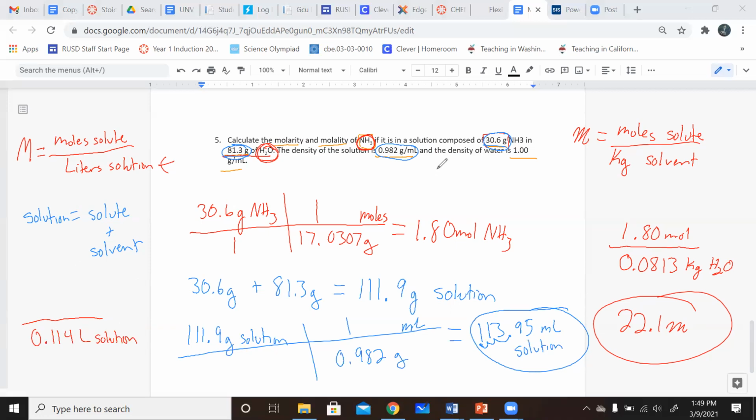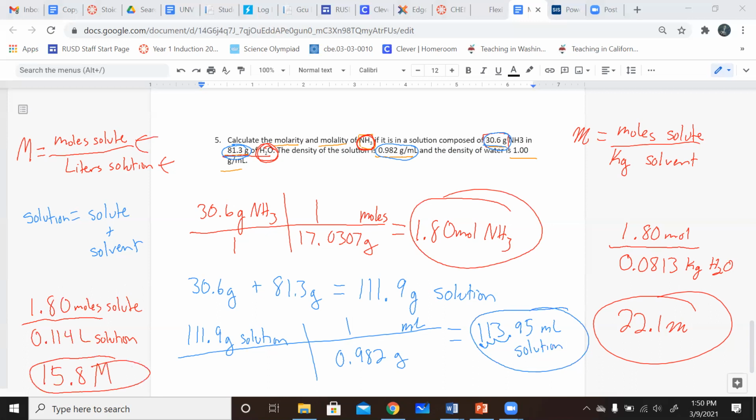And don't forget, we already know how many moles of solute, because that's the only other thing we need. That's going to be our 1.80 moles solute. And then once we do that division, we're going to get 15.8 molar as our molarity.